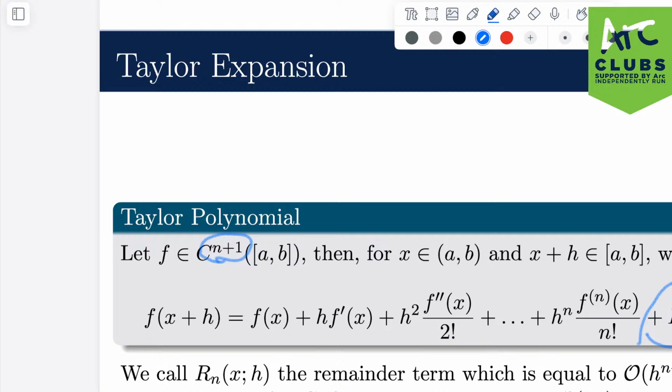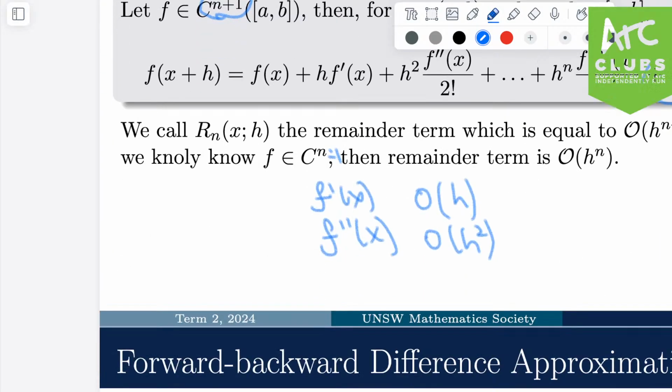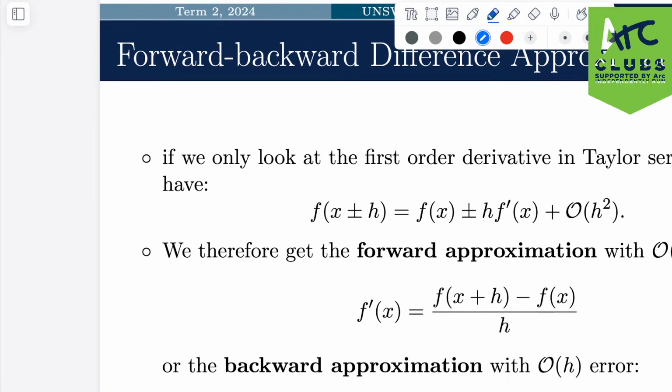So the power of h largely depends on the order of derivatives we have. We can use both x plus h, which means we have forward knowledge of x, or x minus h. These two methods are the same, because both of them have the same error, which is O(h).